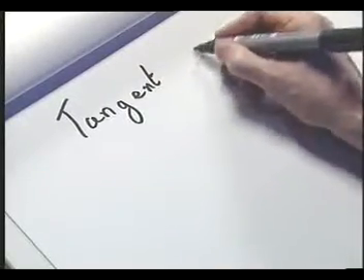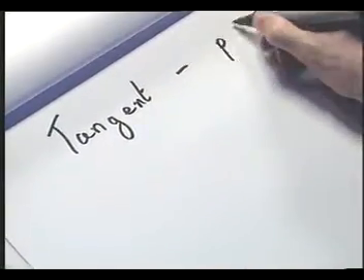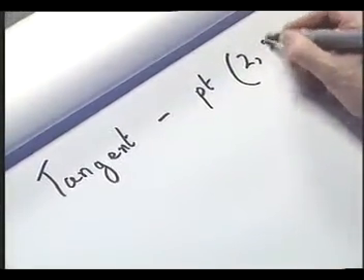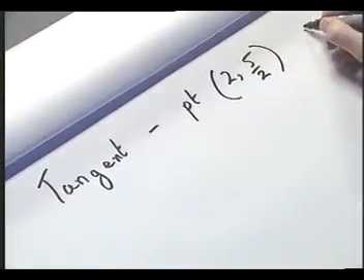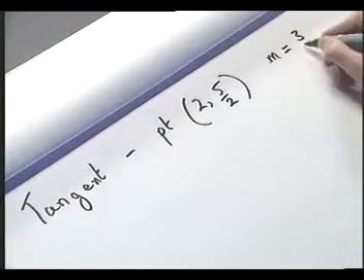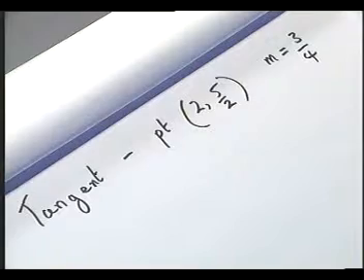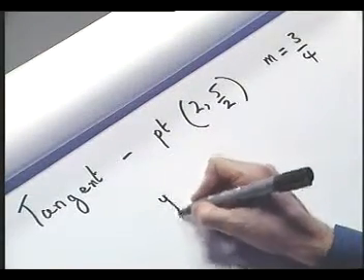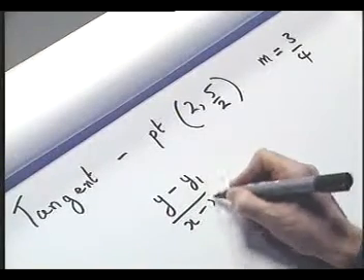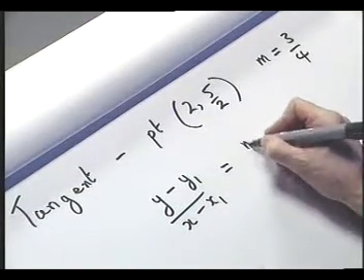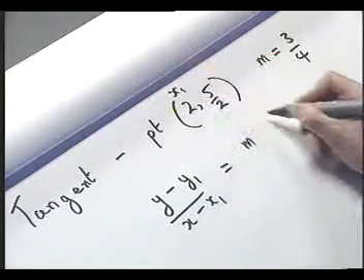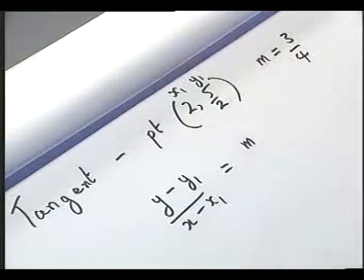So let's just list what we know. We've got the tangent at the point 2, 5 over 2, and we know that the gradient at that point is 3/4. So the standard equation for a straight line, y minus y1 over x minus x1 is equal to m, the gradient. And this is x1, and this is y1.